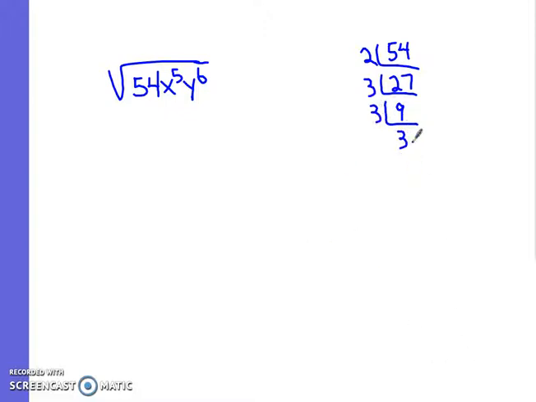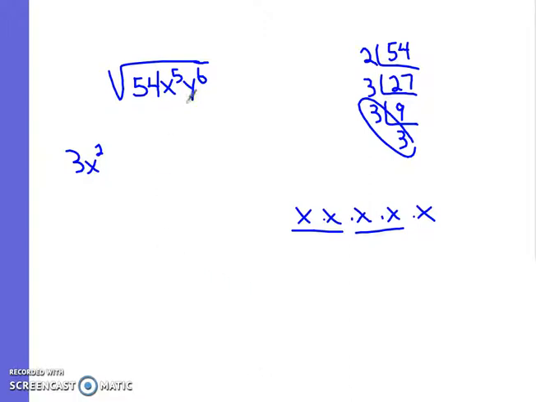So I'm going to look and say, well, here's a pair of 3's right there, so I'll have a 3 outside. Okay? The x times x times x times x times x, the x to the 5th right here, really is going to be this. And there's a pair of x's, there's a pair of x's. So I'll actually take 2 x's outside, x times x, I'll just write x squared.